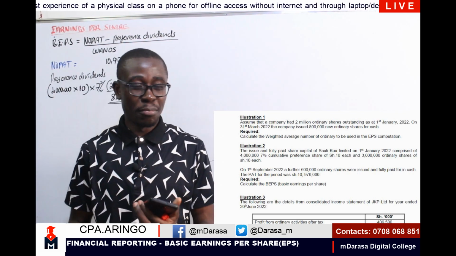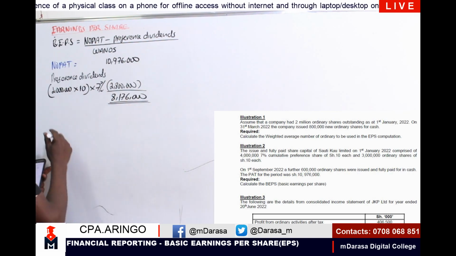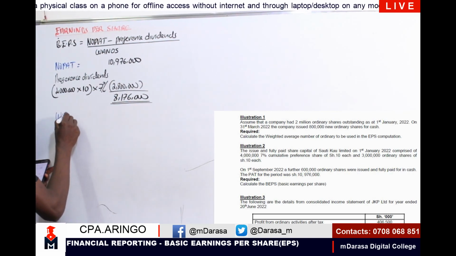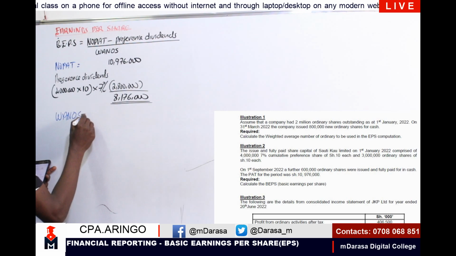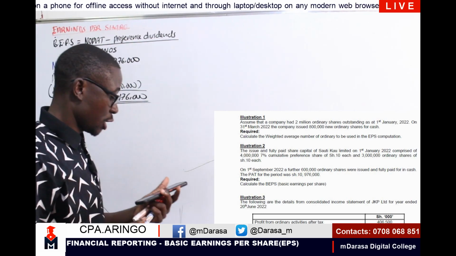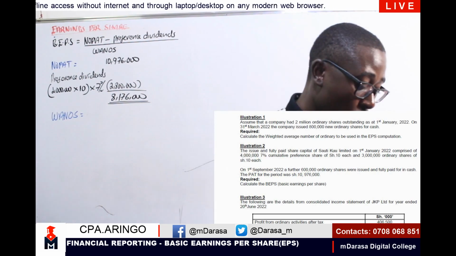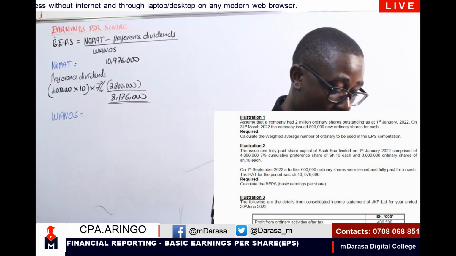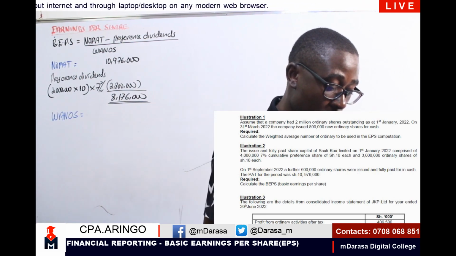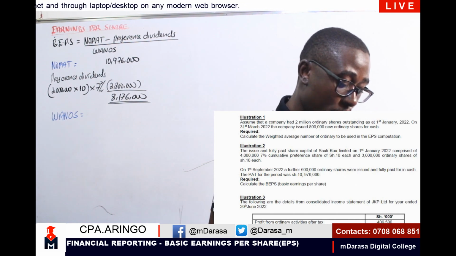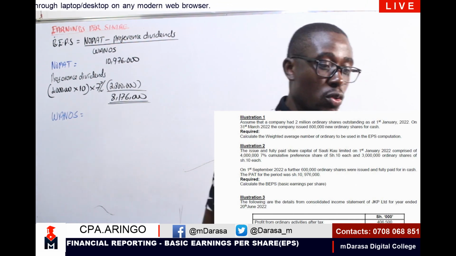Weighted average number of ordinary shares, do we have? We have the weighted average number of ordinary shares. Look at it clearly: for the whole year, we started with how many shares? 3 million ordinary shares, which is what we are given.